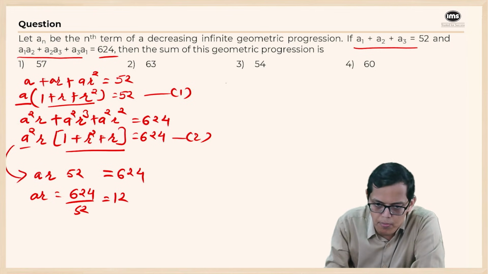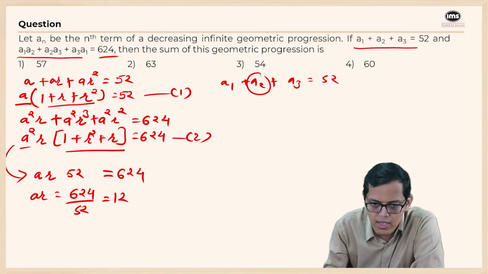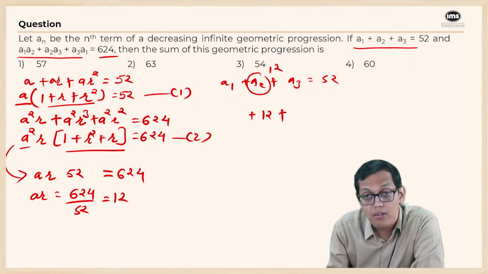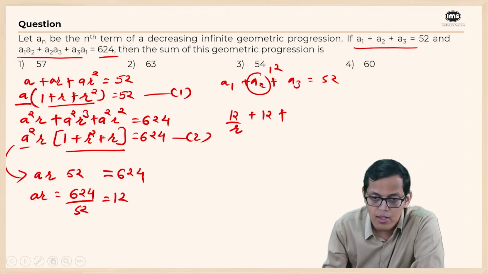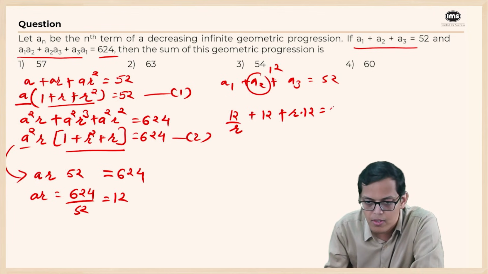Now let me bring A1 plus A2 plus A3 one more time in the discussion. A2 is in reality 12. Now we know that. So let me write 12 here. A1 into R was 12, so A1 should be 12 divided by R. A2 into R was A3, so I should write R into 12 to replace A3.